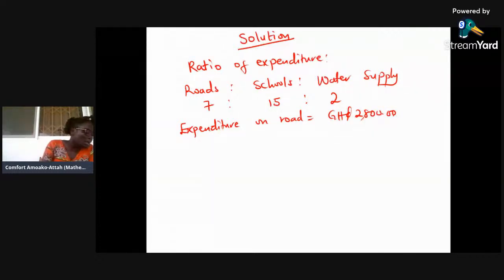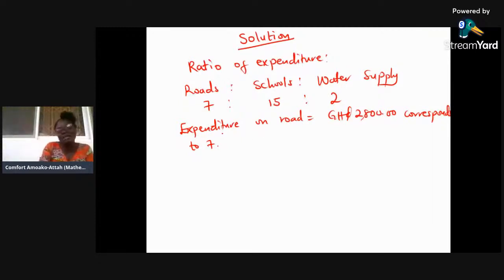Good. Now, in the question, the expenditure on roads corresponds to 7. So if we are to find the expenditure on schools, this is what is going to be.